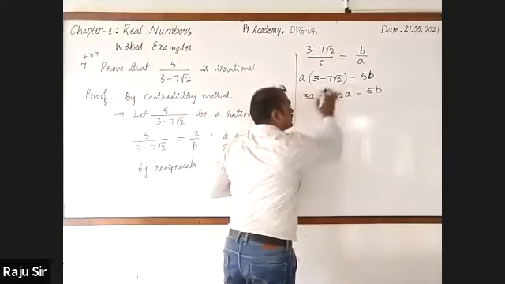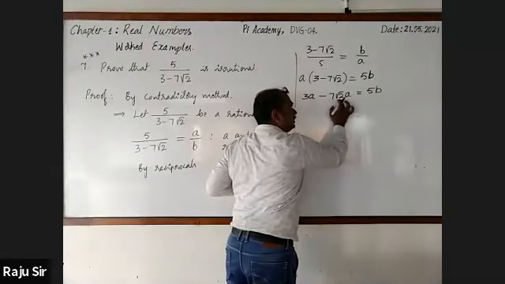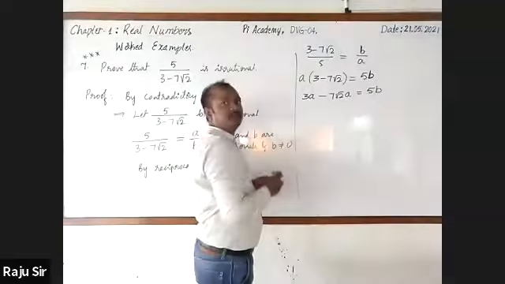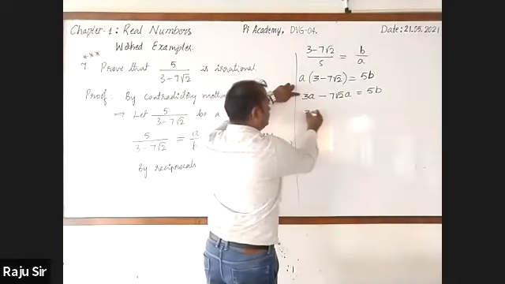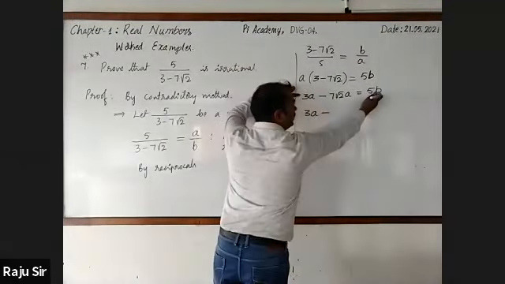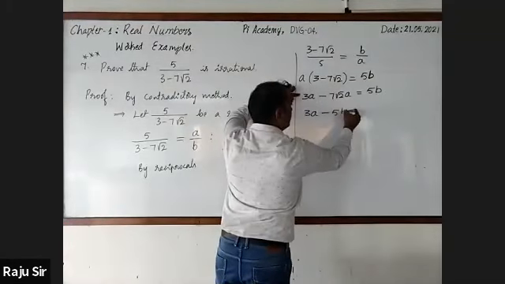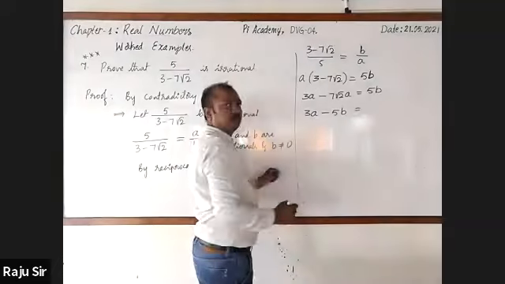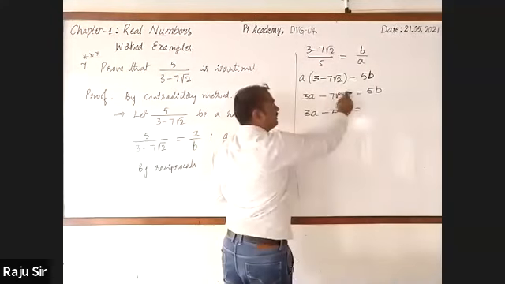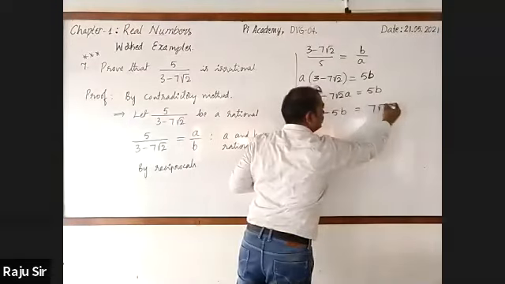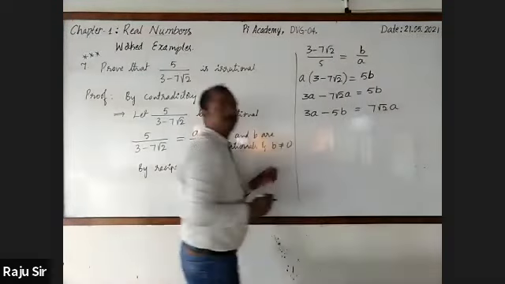Hence, I transfer minus 7 into root 2a to the right hand side and 5b to the left hand side. Here I'll write 3a, transfer 5b to the left hand side. It becomes minus 5b, which is equal to 7 into root 2 into a.